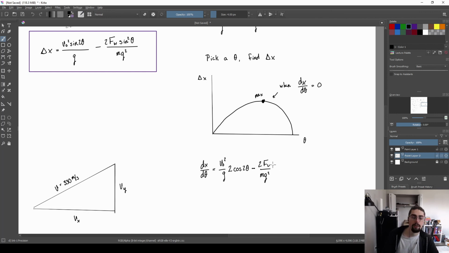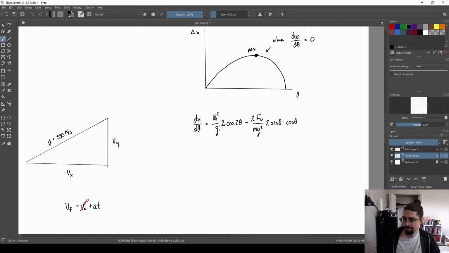Now I'm going to take the derivative of sine squared of theta. So this is going to become, I'd have to do a chain rule. 2 times sine of theta times cosine of theta. That's my derivative as it comes out like that. Right? Let me take that same identity as before. Let me combine some things.